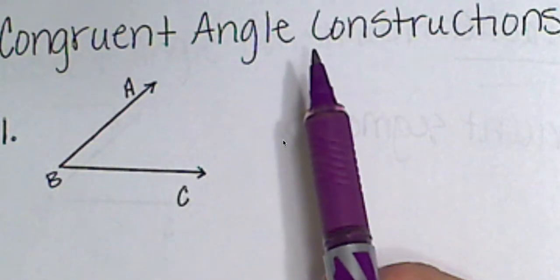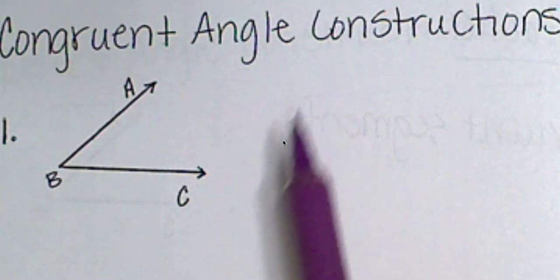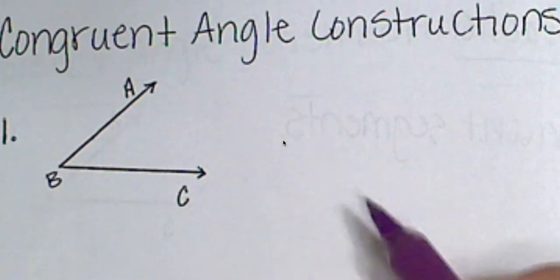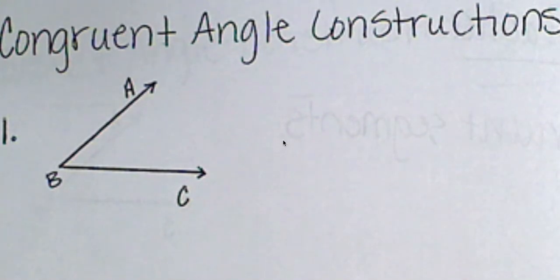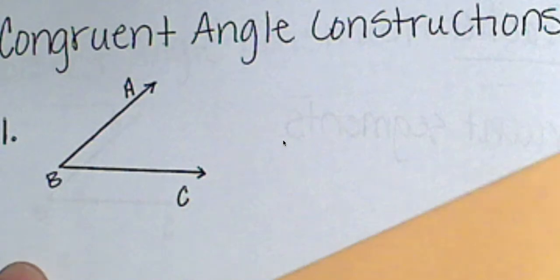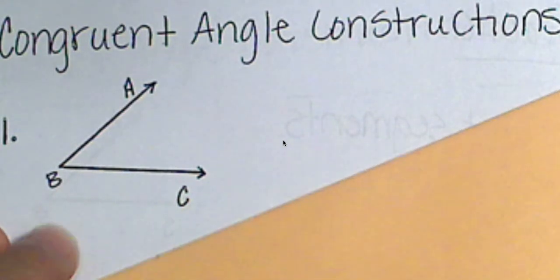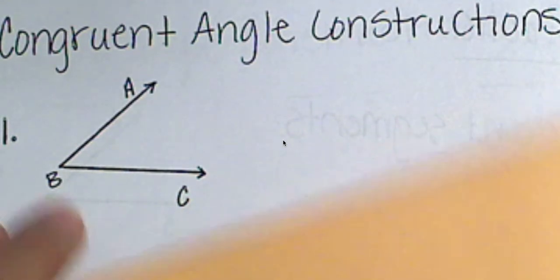Just like we did with the line segments, we are going to have to create a ray to work with for our constructions. Again, you'll need some sort of straight edge. It can be a ruler, a protractor, something to make it straight.